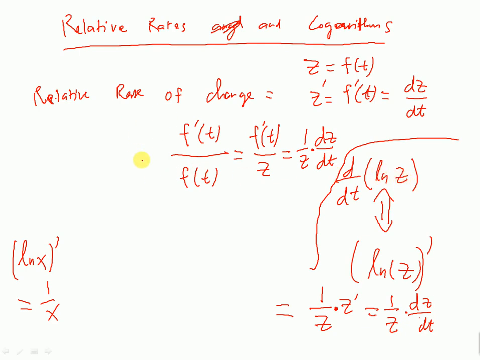So the whole relative rate of change is just taking the derivative of the ln of the function z, or f of t. So if I ask you to find the relative rate of change of the function f of t or z, we are just taking the first derivative of the ln of that function. That's all we have to do.